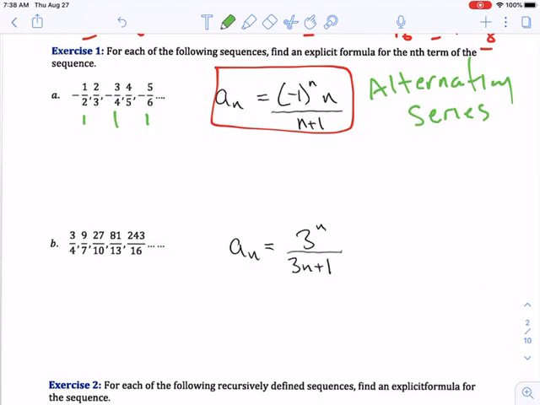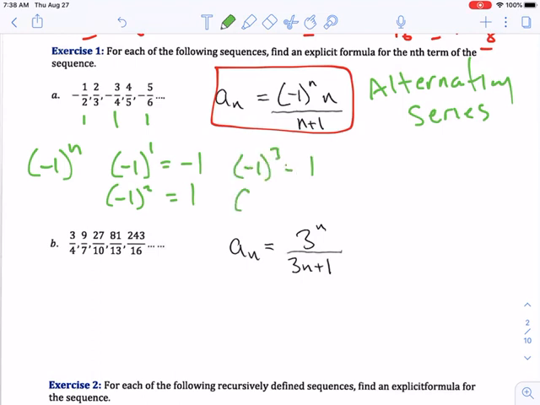Now, if the odd numbered terms are negative, you're going to have a factor of -1 to the n. And so let's just see how that works. When you let n be equal to 1, you have -1 to the first. Well, that's just equal to -1. -1 squared is a +1. -1 to the third is -1. -1 to the fourth is +1.